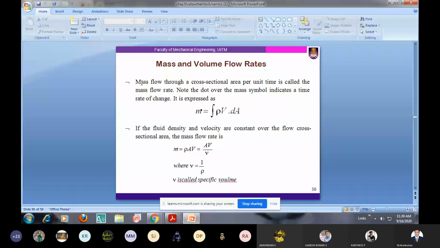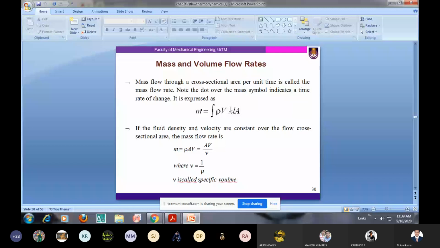Yes, the dot over the mass symbol indicates a time rate of change. It is expressed as m dot, the mass flow rate, equal to the integration of rho V dA.